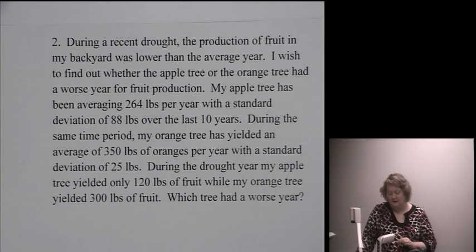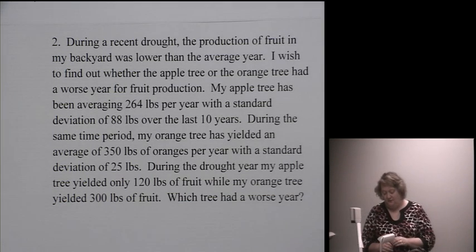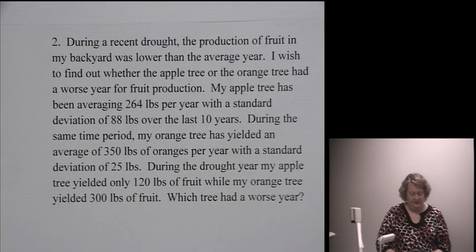During the same period, my orange tree has yielded an average of 350 pounds of oranges per year with a standard deviation of 25 pounds. During the drought year, my apple tree yielded only 120 pounds of fruit, while my orange tree yielded 300 pounds of fruit. Which tree had a worse year?